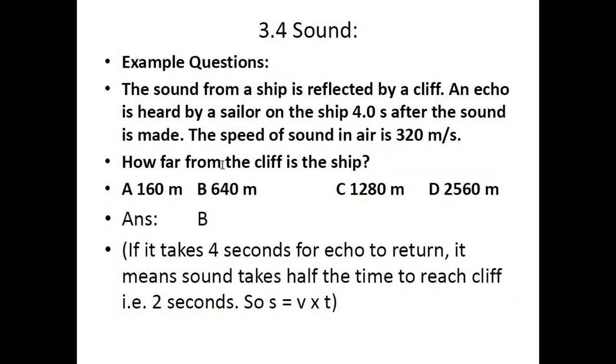So we apply the formula, speed equals distance upon time. We know the speed, so we simply multiply it with the time. Speed equals distance upon time, so we'll keep distance on the left hand side and multiply the time, that is 2 seconds, with the speed. So we'll get the answer as 640 meters. That would be B.